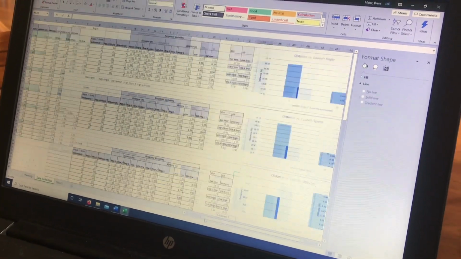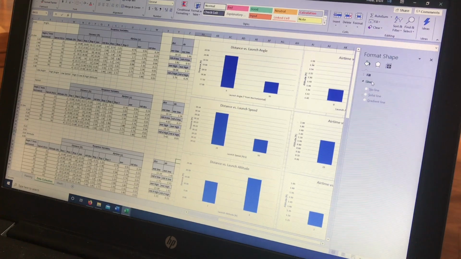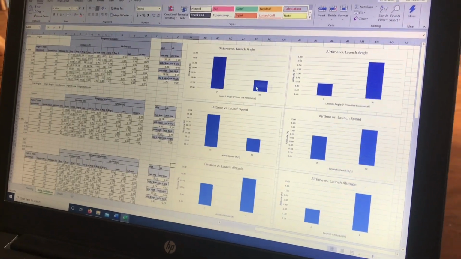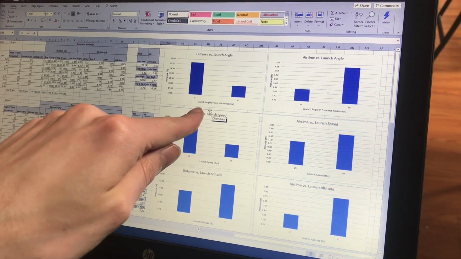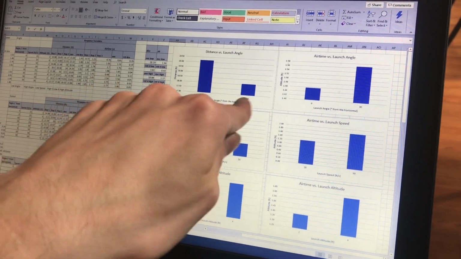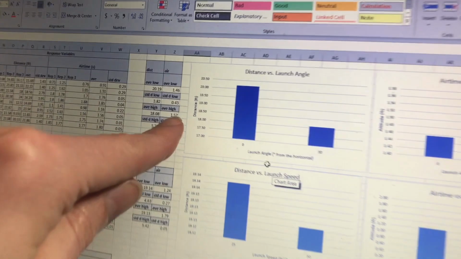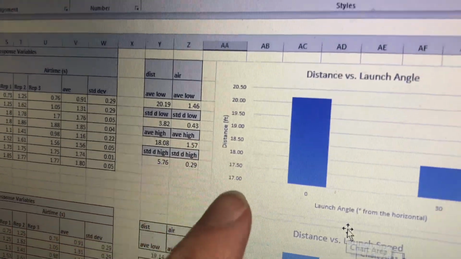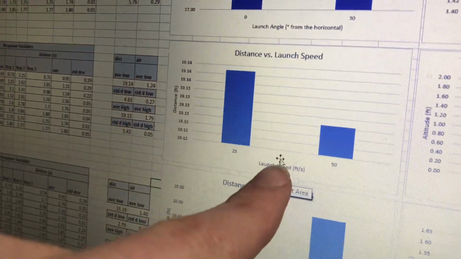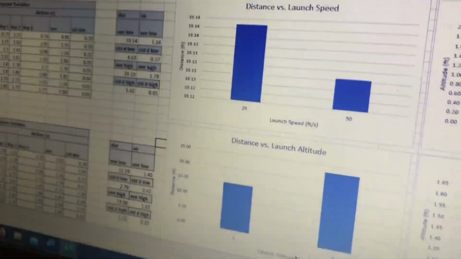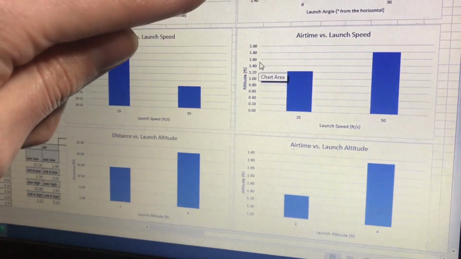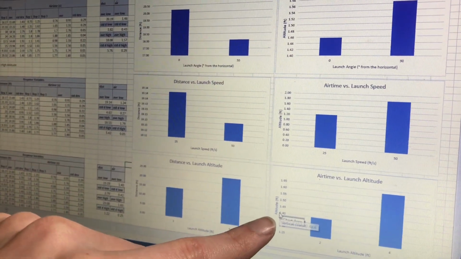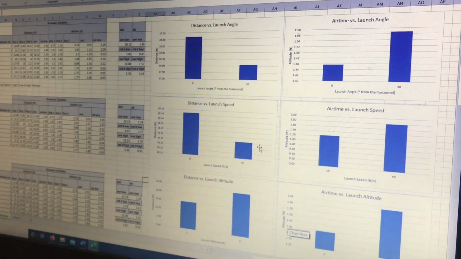And then I was able to create these graphs from those. I'm able to now compare the launch angle and how that on average affected the distance that the plane went. Or I can look at how the launch speed affected the distance, or the launch altitude affecting the distance, or launch angle, speed, and altitude affecting the airtime of the plane.